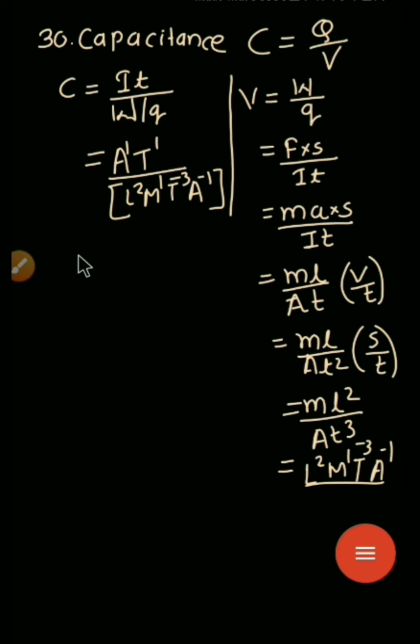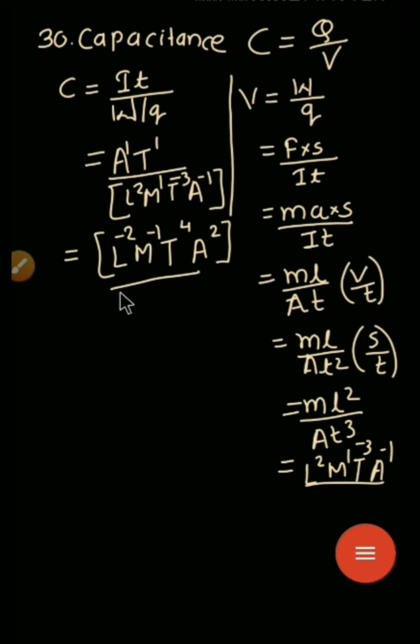Taking it upward, finally we have L minus 2 M minus 1 T, where 1 plus 3 becomes 4, and A 2. So this is the dimensional formula for capacitance.